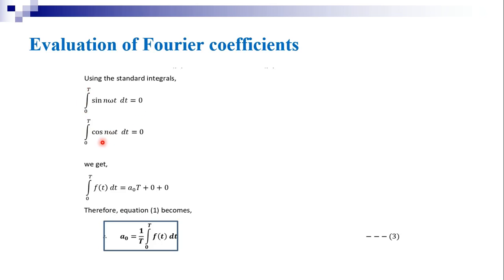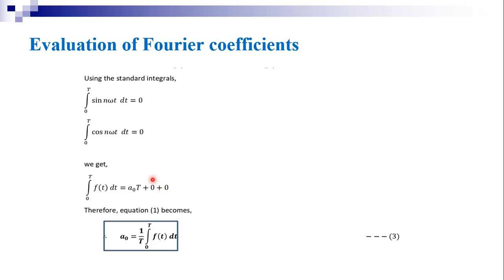Similarly, the integration of cos n omega t with respect to t within the limits 0 to T is also 0. Using these standard integrals, the integration of equation 1, the integral from 0 to T of f of t dt, is equal to a naught into T plus 0 plus 0.